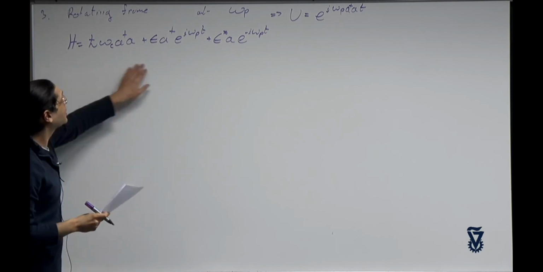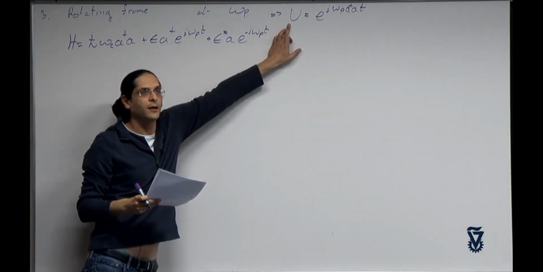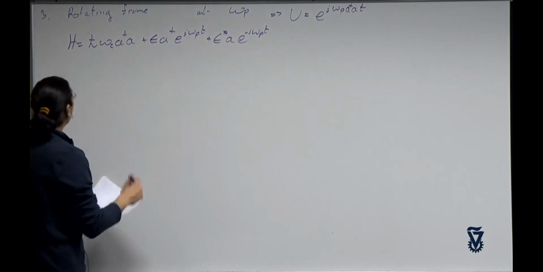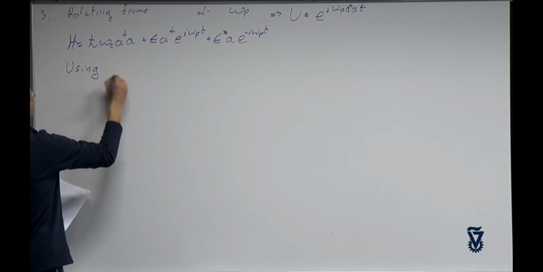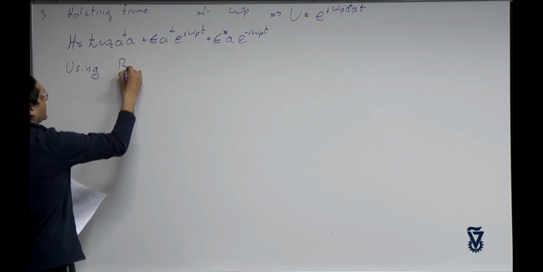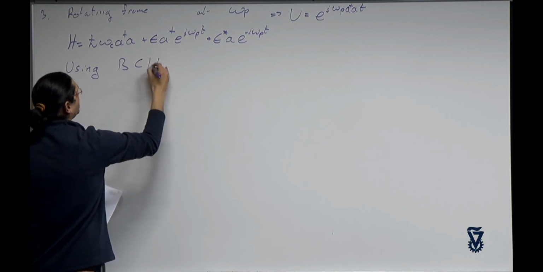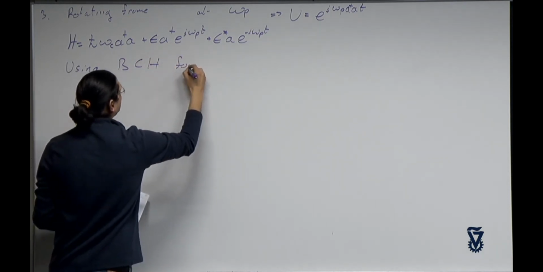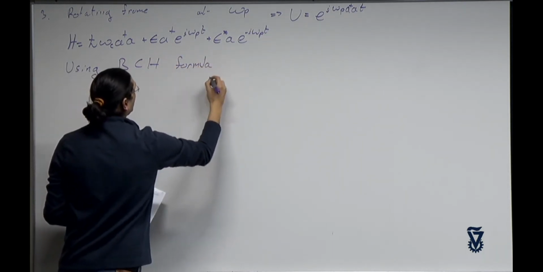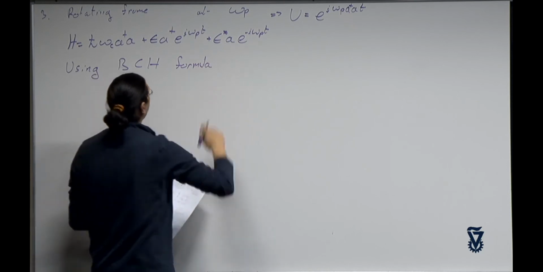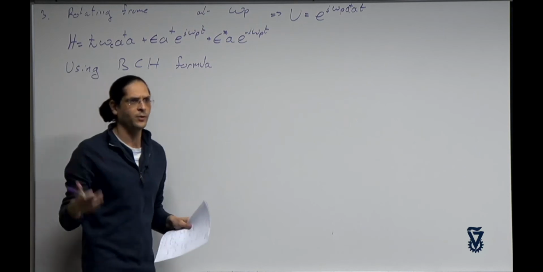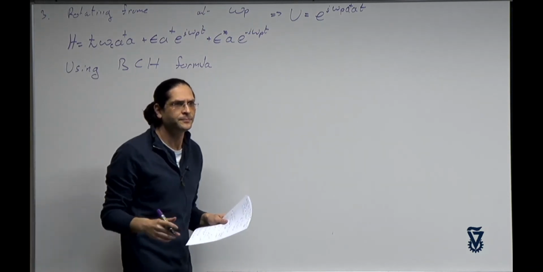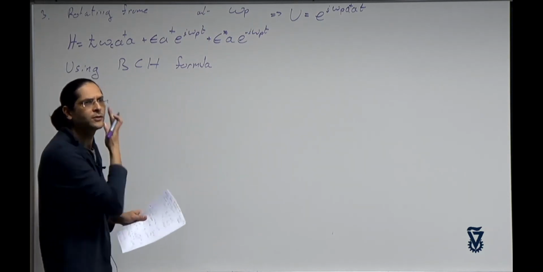So this is our Hamiltonian, and now we transform it according to U. To transform it, we're going to be using the Baker-Campbell-Hausdorff formula. Like I promised you, it will show up again and again throughout your physics life, and throughout this course also.